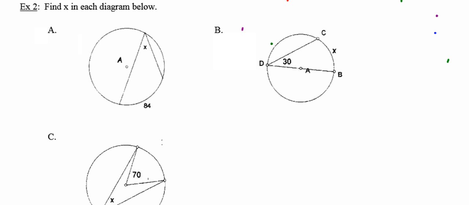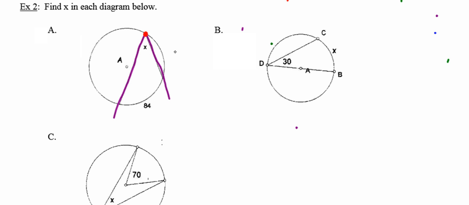So let's see if we can use what we've learned to go ahead and solve the problems down in example 2. Number 2 says find x in each diagram below. So if I look at angle x, there's my angle, and I'm just going to extend the sides of the angle a little bit past the arc that it intercepts to make it easier to determine that arc. I notice that the vertex of the angle is on the circle, making that an inscribed angle.